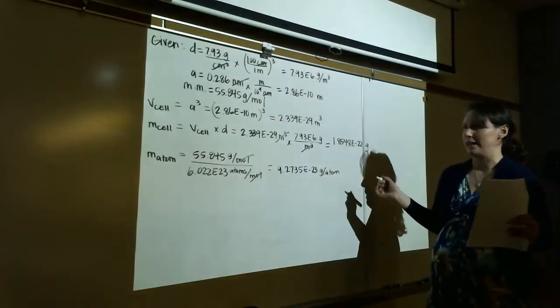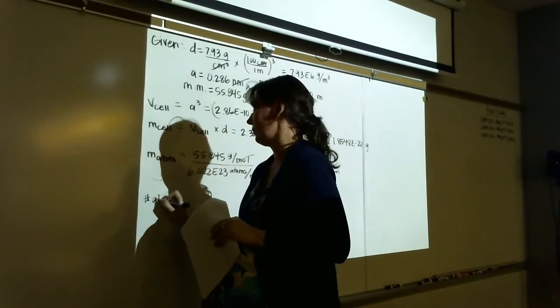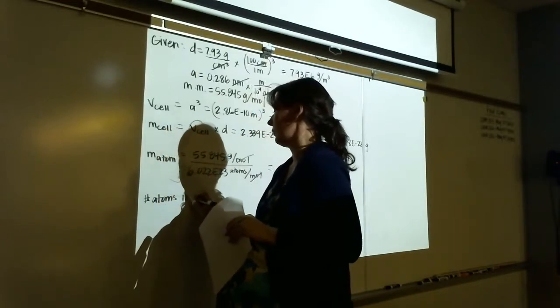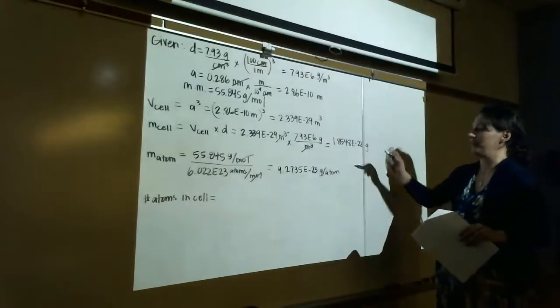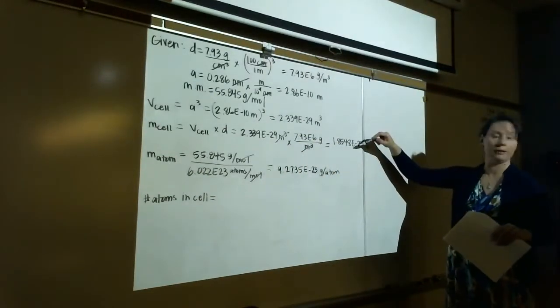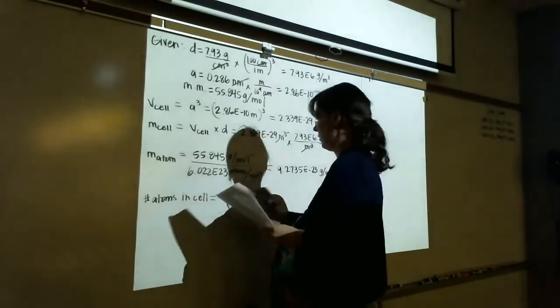And now, last step. How do I get the number of atoms in a cell? All right, we're just seeing how many of these will fit into one of these, right? That's all we're doing. So this divided by this.